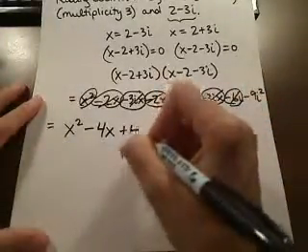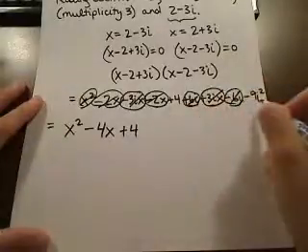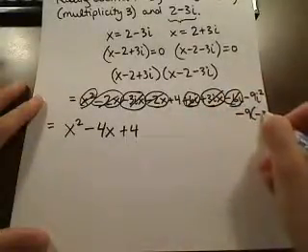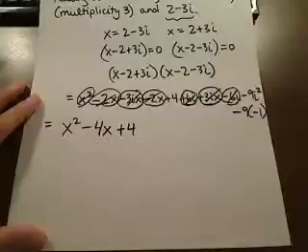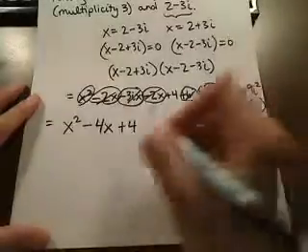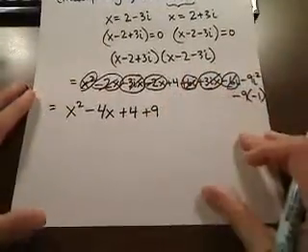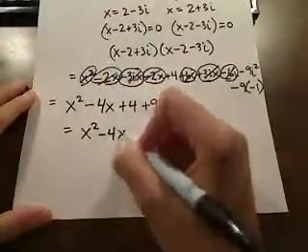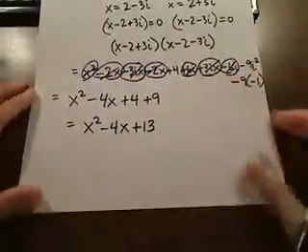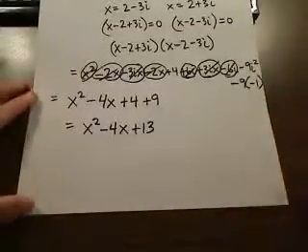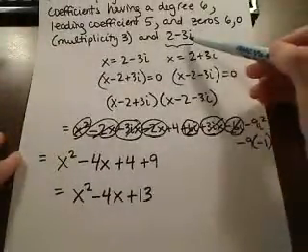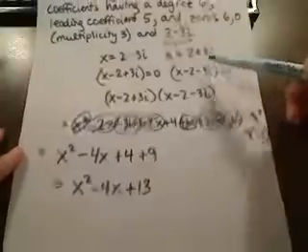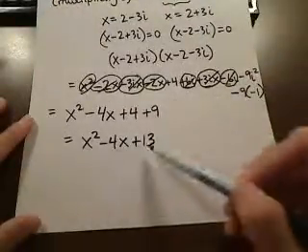Then we've got this plus 4, and then we've got minus 9i squared, and remember that i squared is a negative 1, so that's actually a negative 9 times a negative 1, which is a positive 9. Okay, so when we collect like terms there, we get x squared minus 4x plus 13. So the zeros 2 minus 3i and 2 plus 3i came from this quadratic.